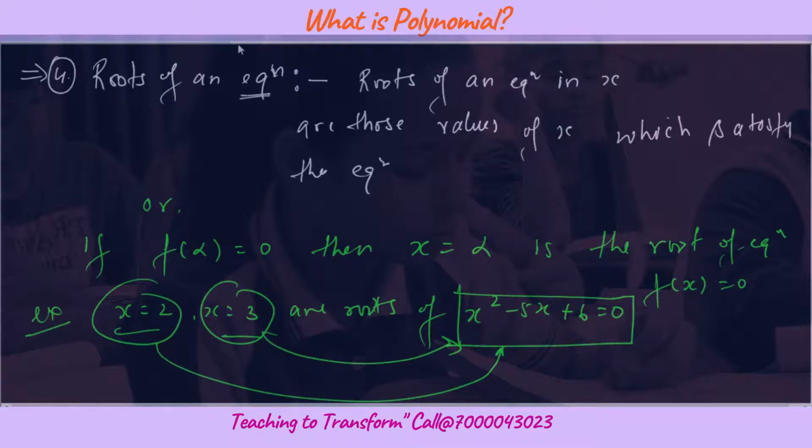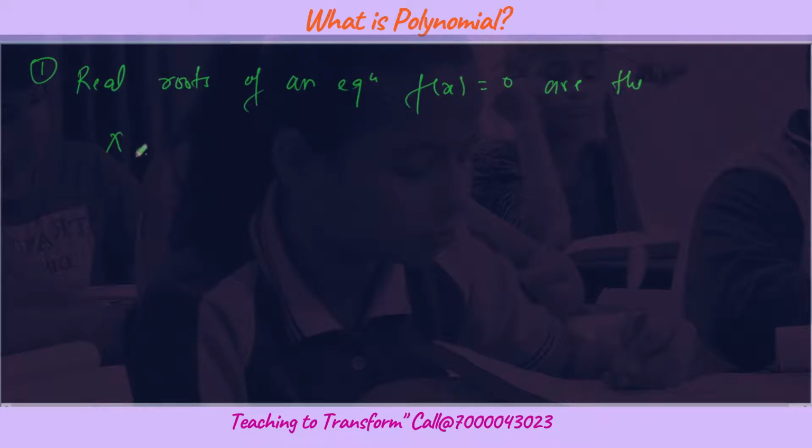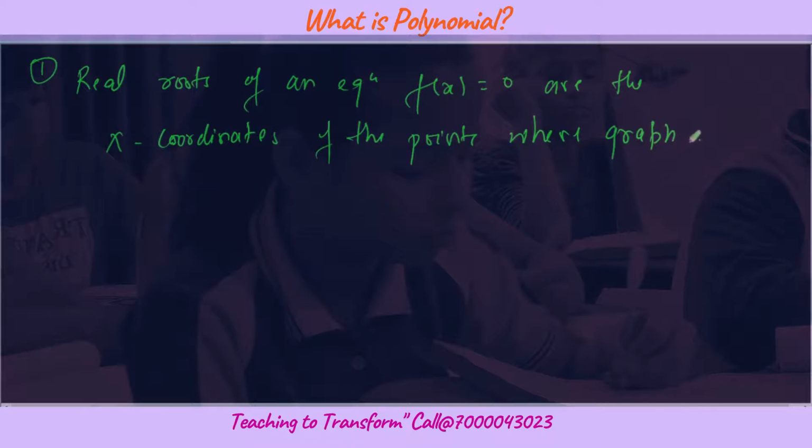One important point you should keep in mind: the real roots of an equation f of x is equal to 0 are the x coordinates of the points where the graph of y is equal to f of x intersects the x-axis.